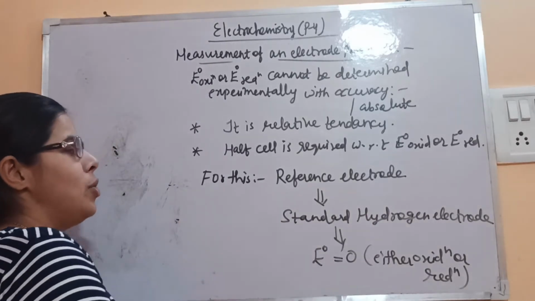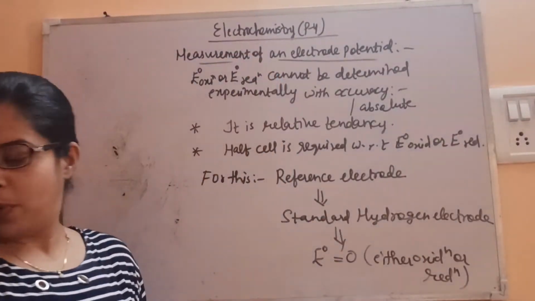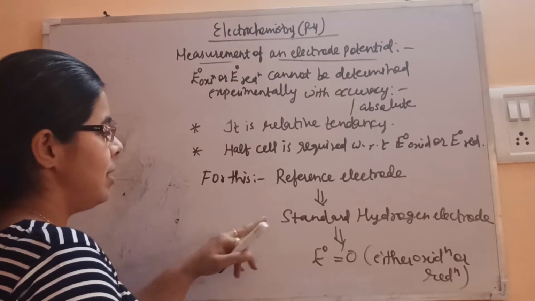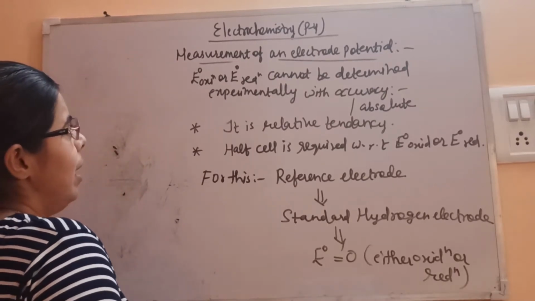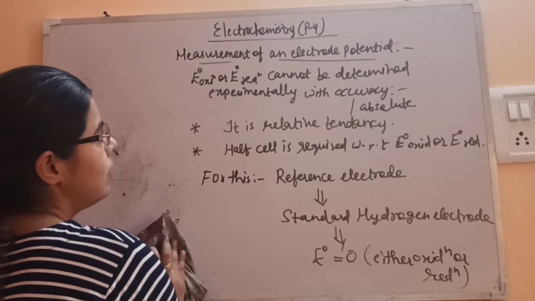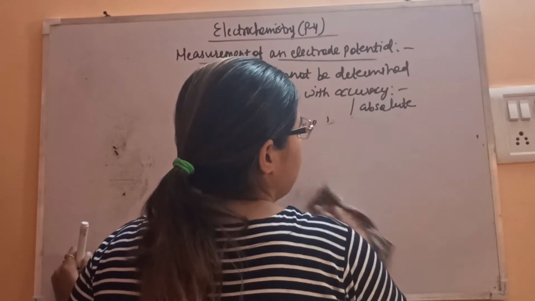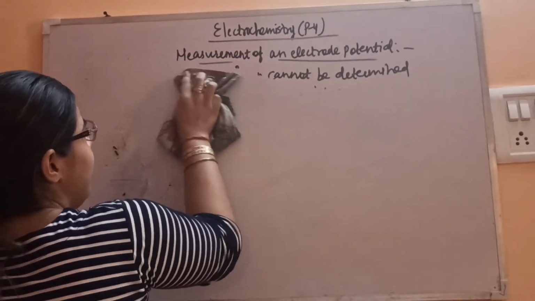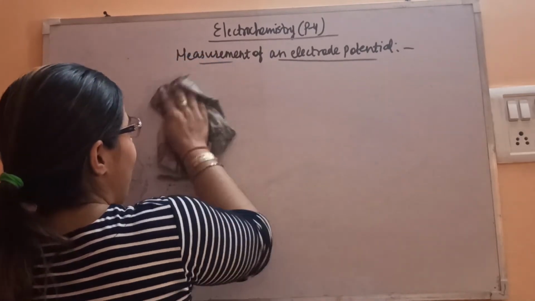So now let's see first what the standard hydrogen electrode is, and then we'll see how to measure the given electrode potential with respect to the standard hydrogen electrode. So let's see this first. What is the standard hydrogen electrode? Now in the standard hydrogen electrode, what is there?